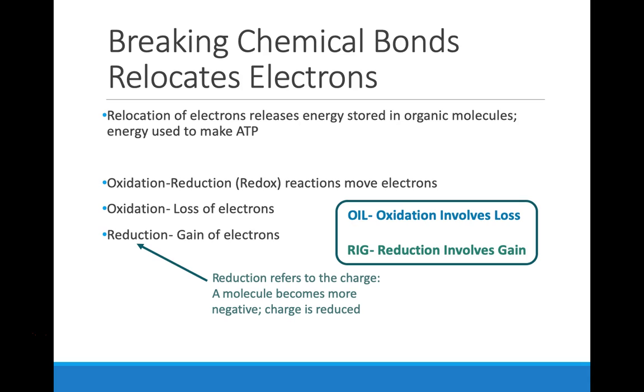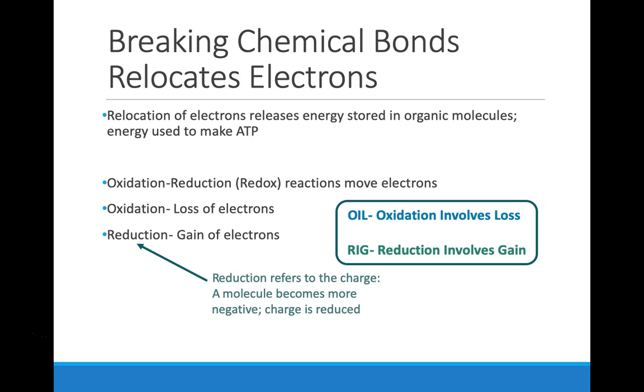One thing that tends to confuse students, though, is when they see the charges on these molecules. So if you think about what's going on, oxidation is a loss of electrons, which means the negative charge is becoming more positive because the negatively charged electrons have left.